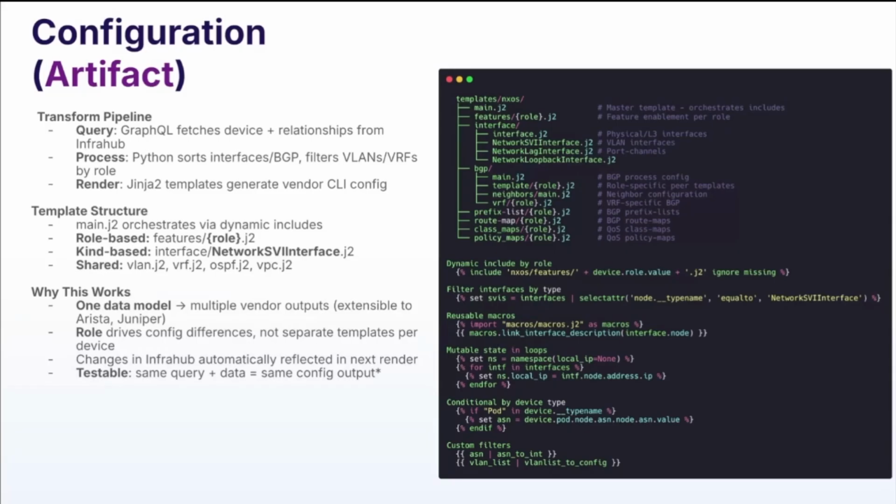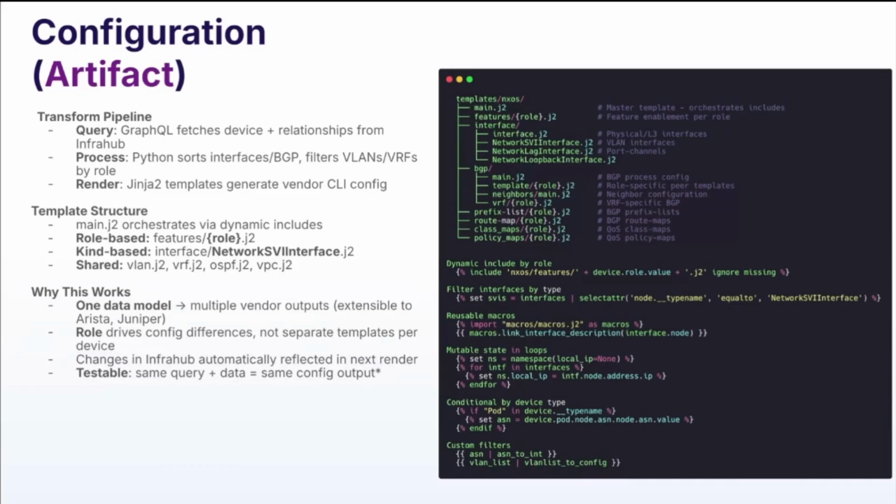We're able to filter out VLANs by using selectattr. We used macros, which was really good. We used custom filters to convert ASN to integers or convert a VLAN list into the comma separated or range values that Cisco accepts. So we did some quite cool stuff there.